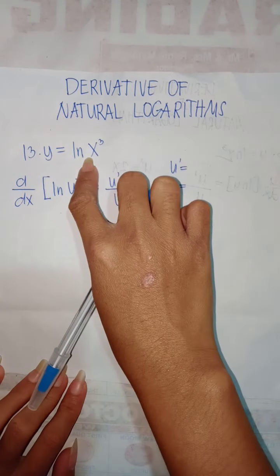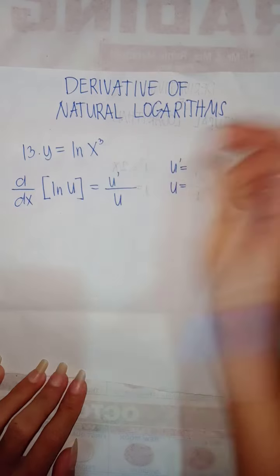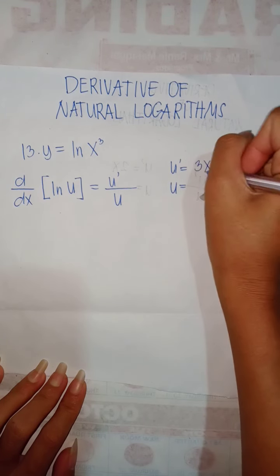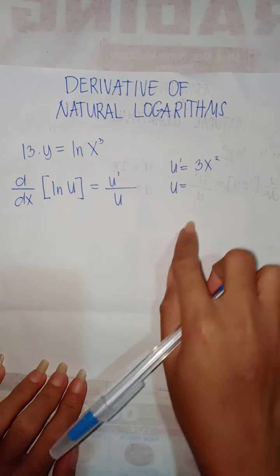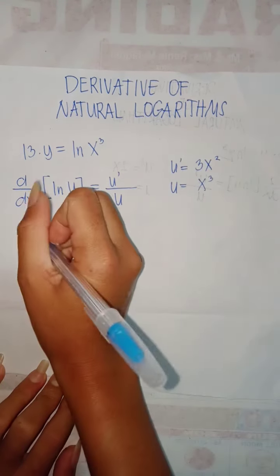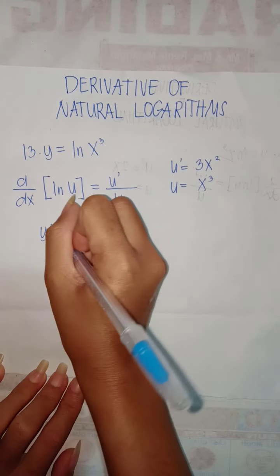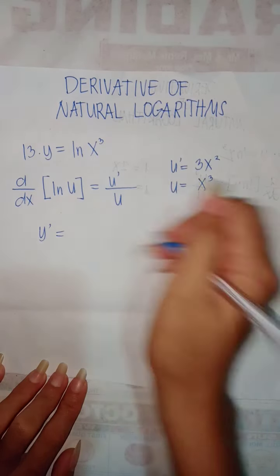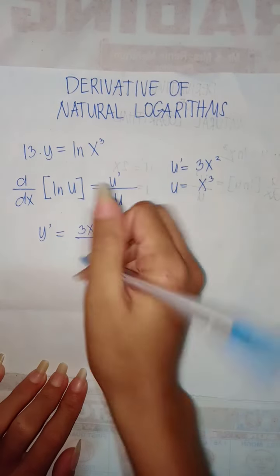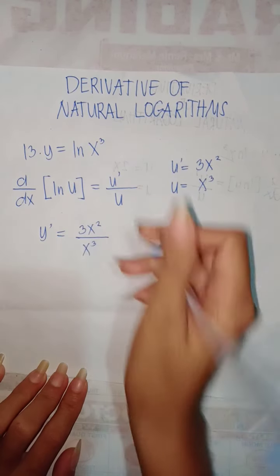Our u prime is the derivative of x cubed. By using our power rule, 3x squared. And our u is simply the x cubed. So y prime is equal to our u prime, 3x squared, over the u, x cubed.